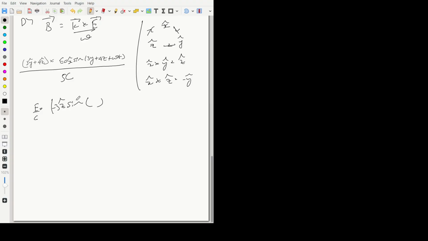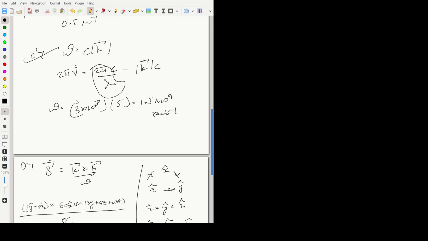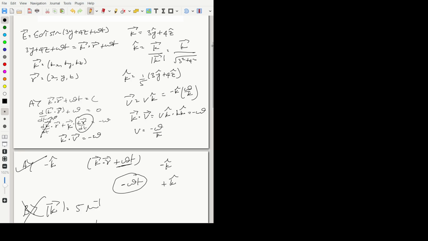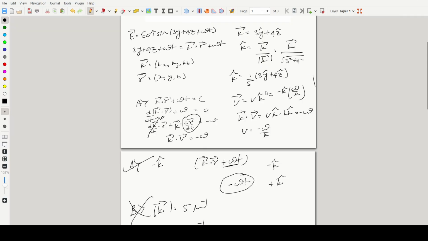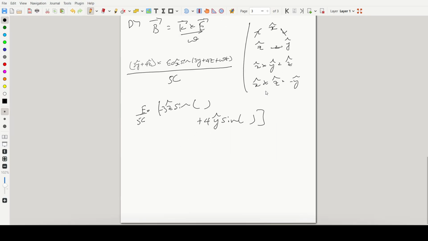Perfect. And z cap cross x cap is y cap, plus 4 y cap again, sine same. But there's a 5 here also. Okay, the options don't match. There's an additional 5 which comes in the denominator, which is not accounted for. So option D is also incorrect.